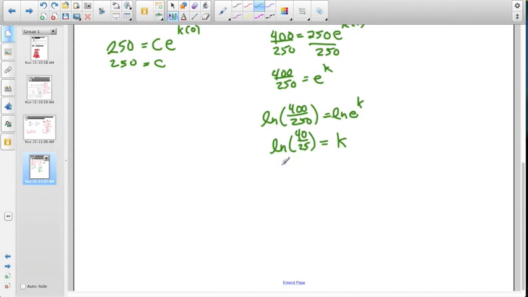So that's the natural log of 8 over 5. So there's our value for k. And so our particular solution, if we had a general equation of c e to the kt, looks like 250 e to the natural log of 8 over 5 times t.